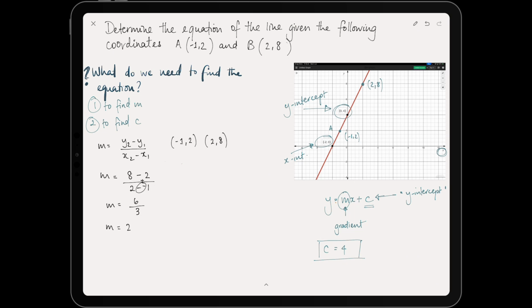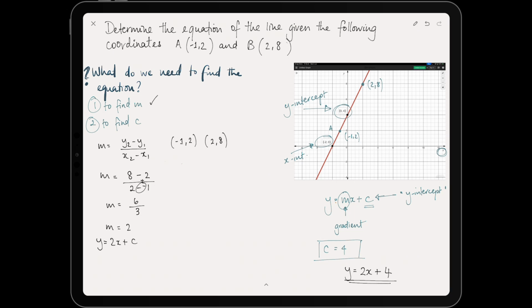I personally like to substitute my values in as I find them. I just find that it stops me from making really careless mistakes. Now that we've found m, let's substitute it into our equation. So y equals 2x plus c. Like I said before, because we've been given our y-intercept, technically we know that our equation will be y equals 2x plus 4.